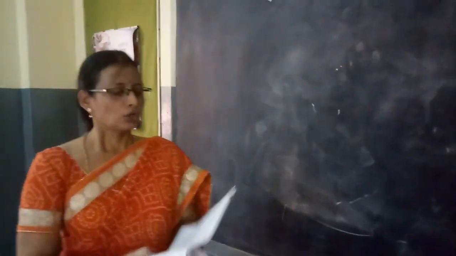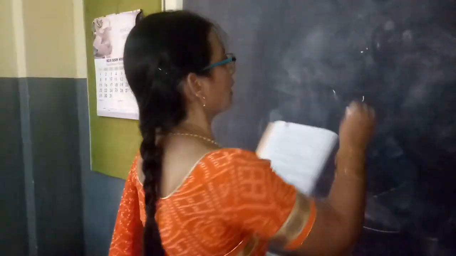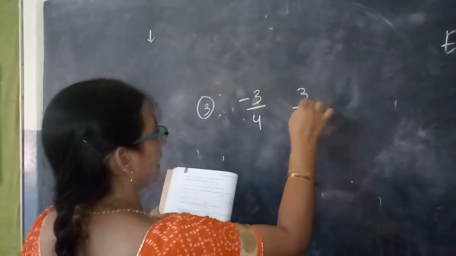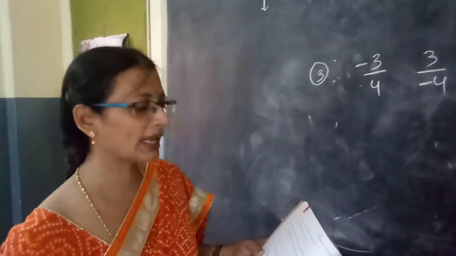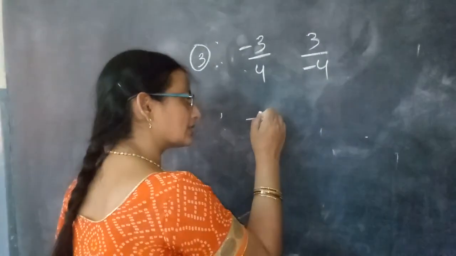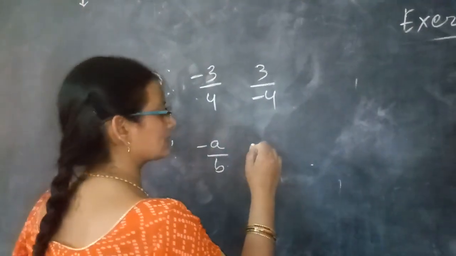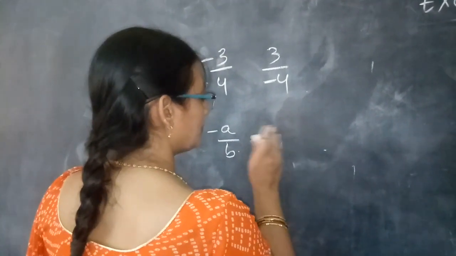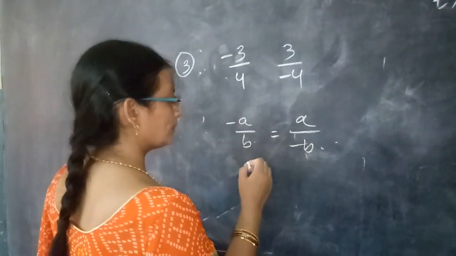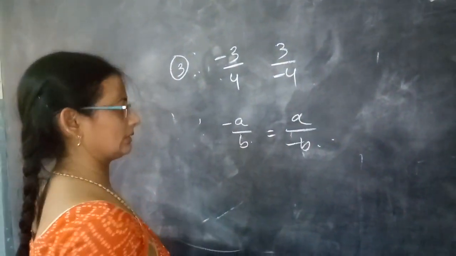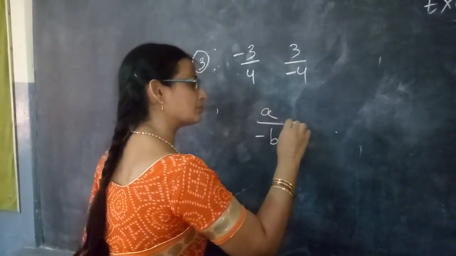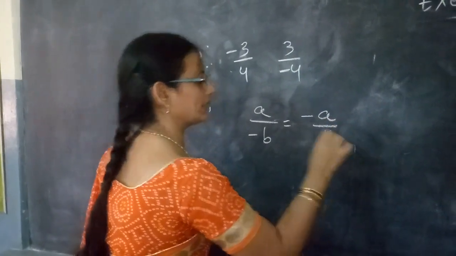Third question, are both minus 3 by 4 and 3 by minus 4 the same negative rational numbers? Already we have discussed minus a by b is same as a by minus b.